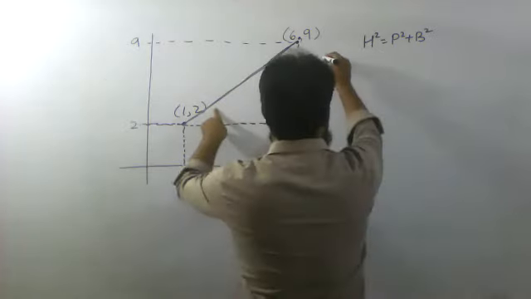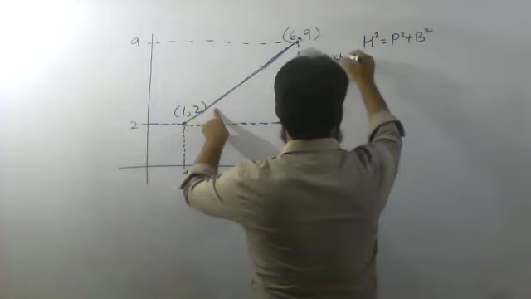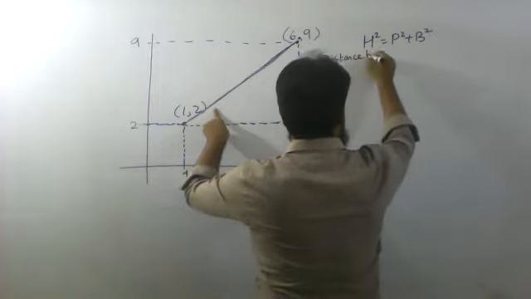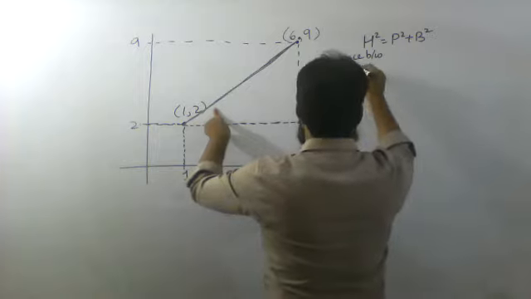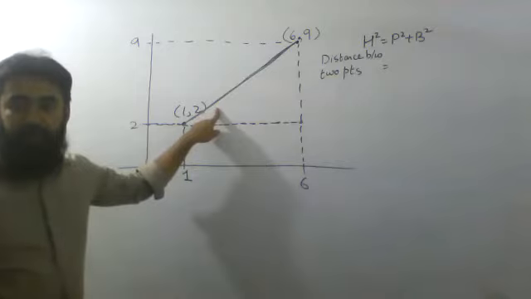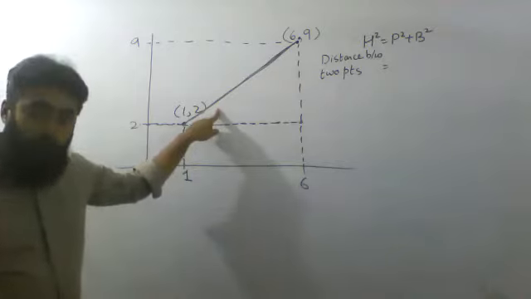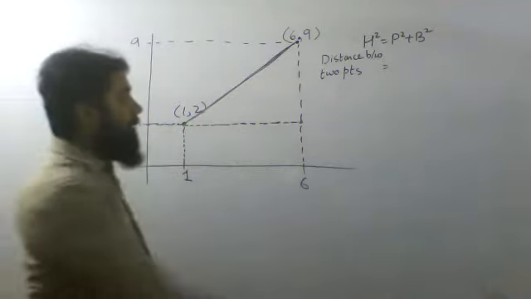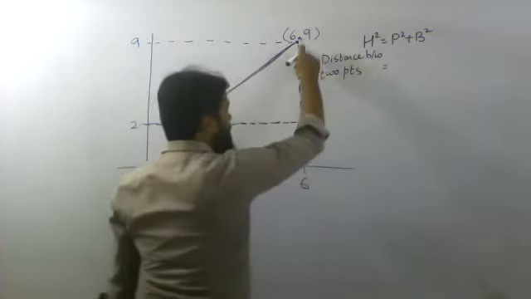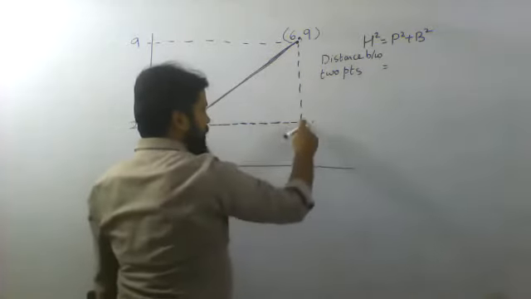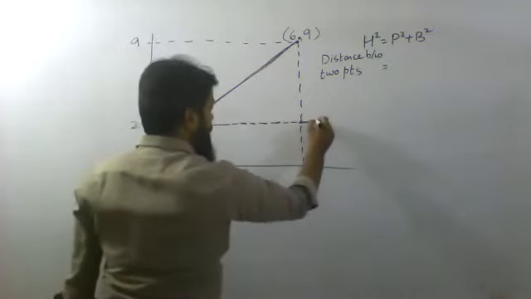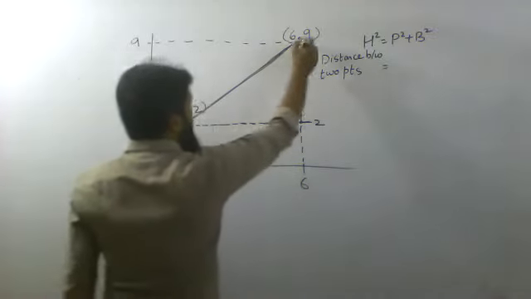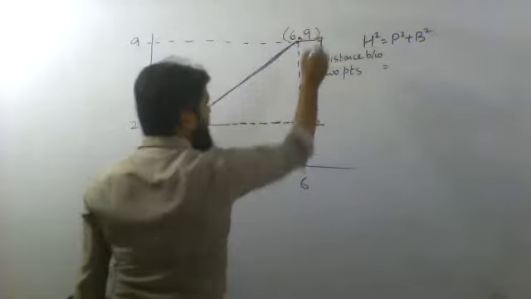This is representing the distance between two points. Perpendicular, this will be the perpendicular, from this point, which is 2, to this point, which is 9.